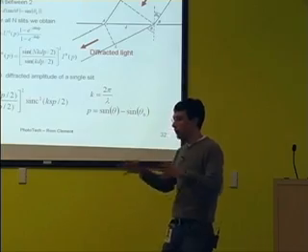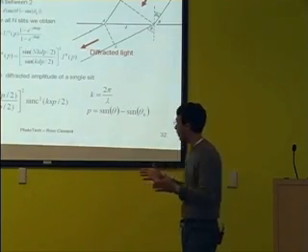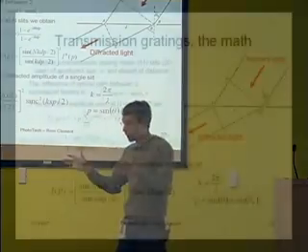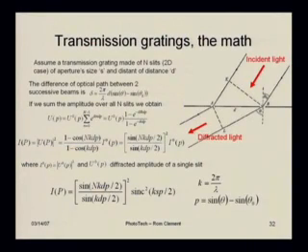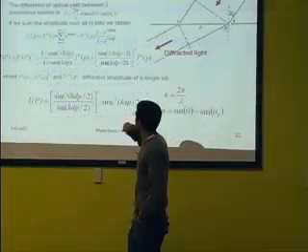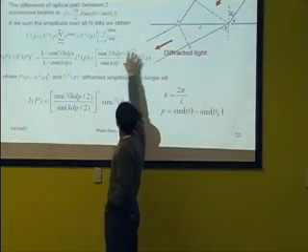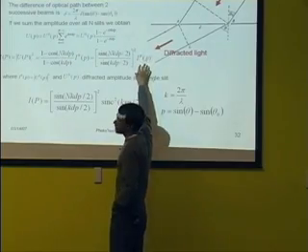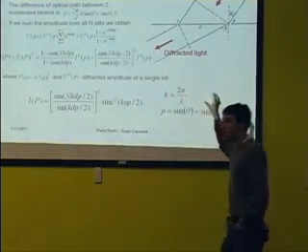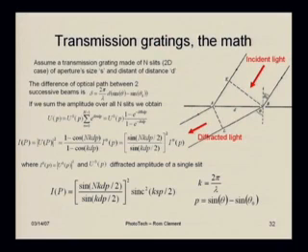So if we sum everything, all this variation of amplitude and difference of phase for all these beams, this function appears. So the total intensity is proportional to this function times I0, where I0 is just the intensity of one slot.